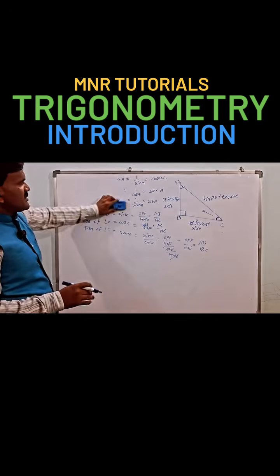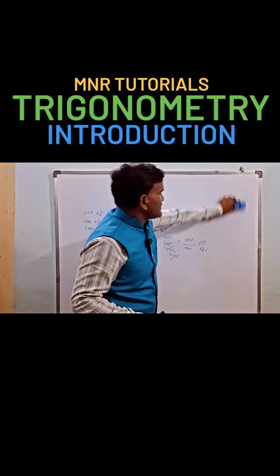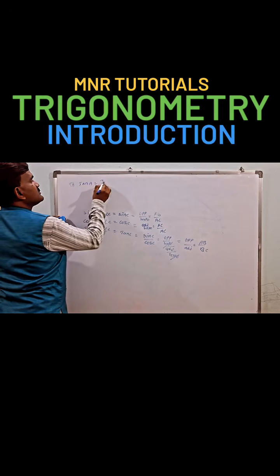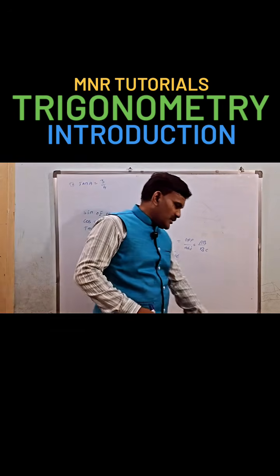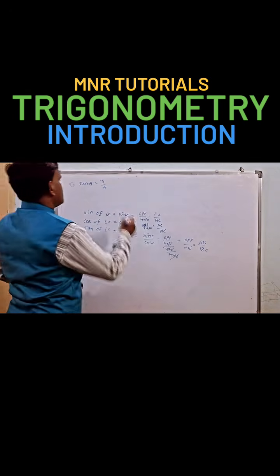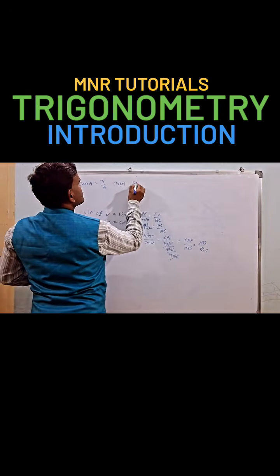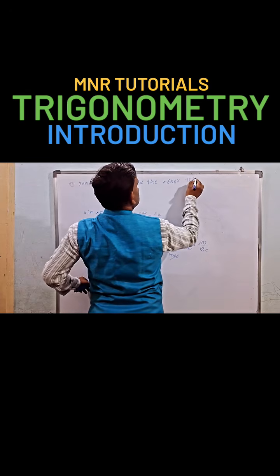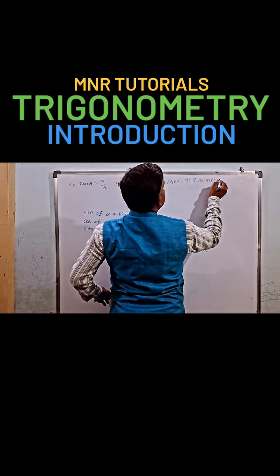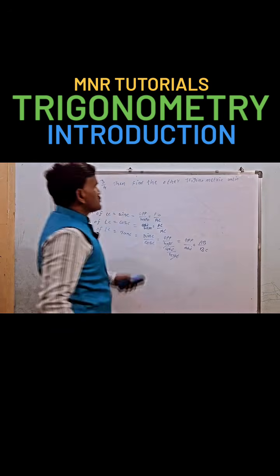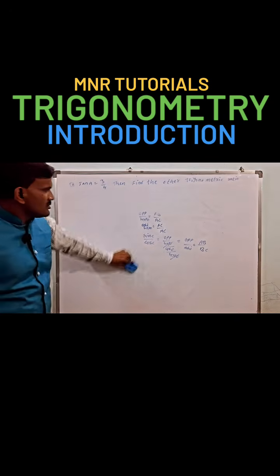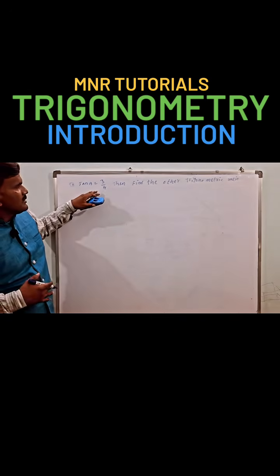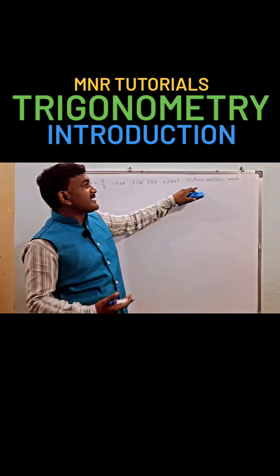The examiner will sometimes ask questions like this: if tan A equals 3 by 4, then find the other trigonometric ratios. Students, the tan A value is given. So the examiner sometimes asks this type of question: tan A equals 3 by 4, then find the other trigonometric ratios.